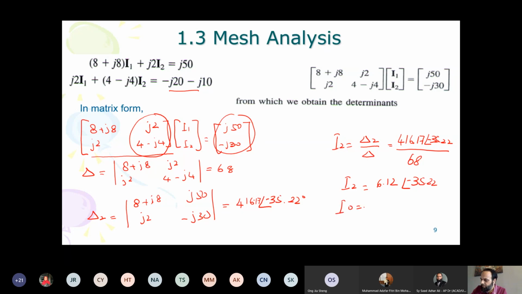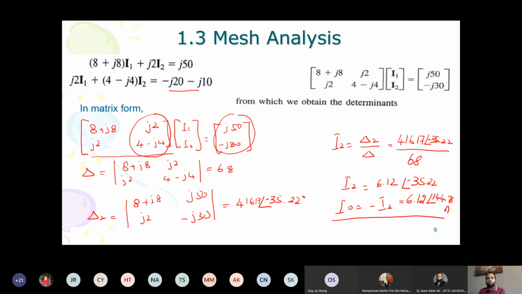I naught is basically the negative of I2. When we say negative of I2, we subtract from 180. So it will be 6.12 and subtracting from 180 would be 144.78 amperes. So this is the solution.